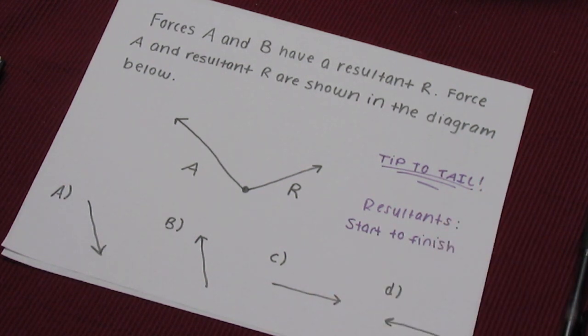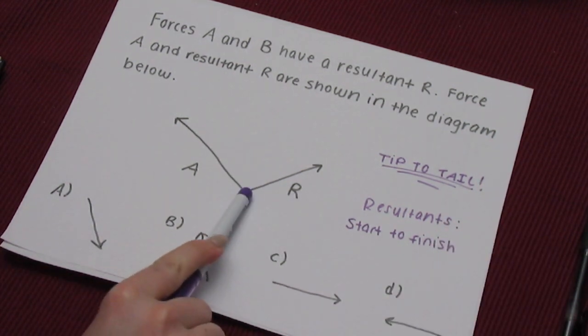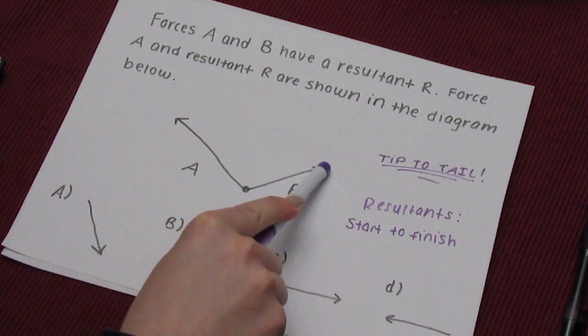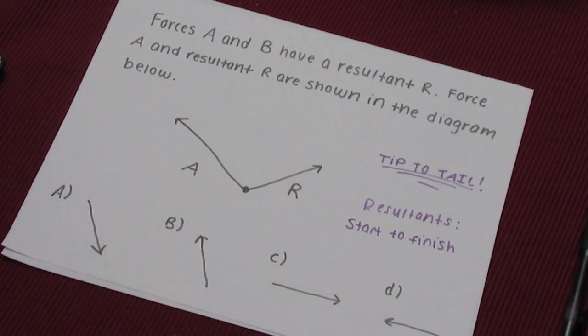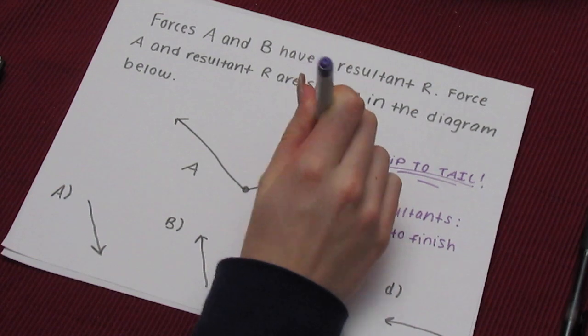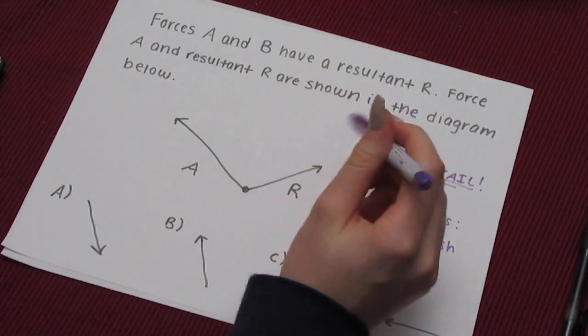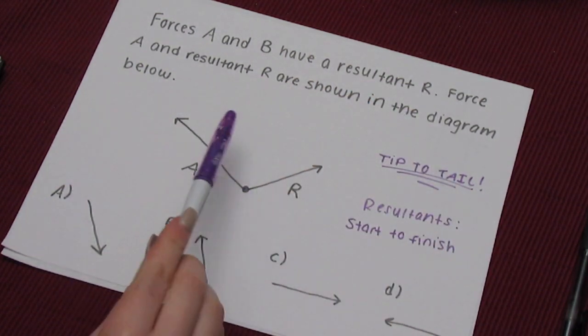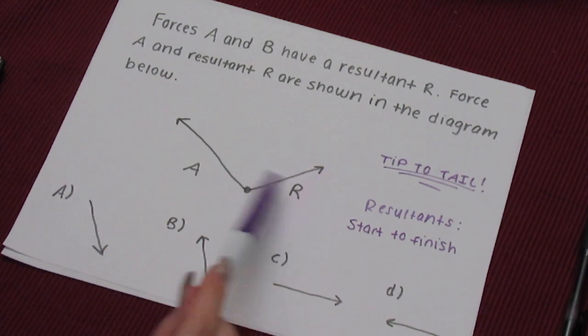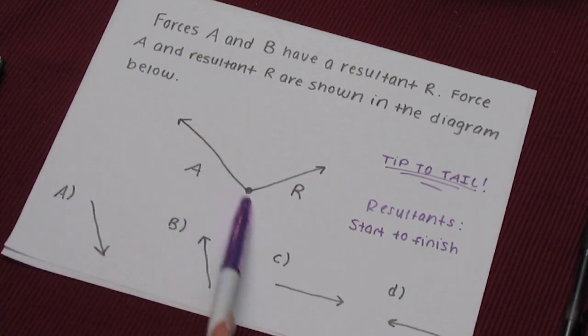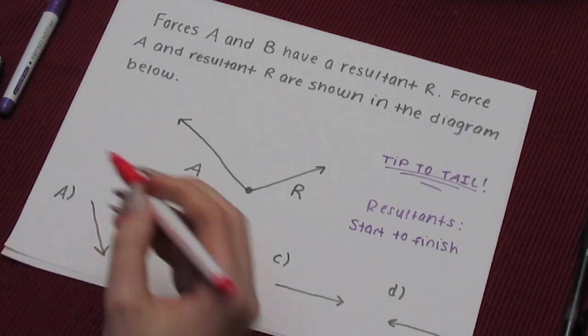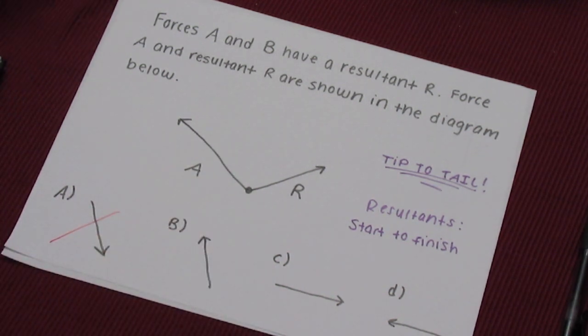So this obviously is where it started, and this is obviously where it's finishing. So if it's finishing here, then the vector B has to finish over here. So if you have vector A here, vector A goes down, it doesn't finish over there. So this one is wrong. That's not going to work.